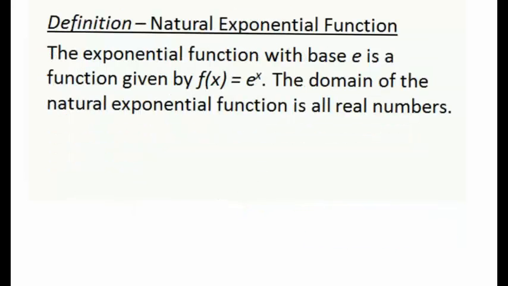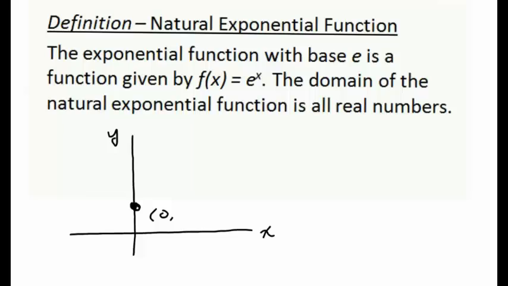This leads us to the following definition of the natural exponential function. Like we said on the last slide, if we decide to use the base e for our exponential function, we get the natural exponential function, which we call f(x) = e^x. Since e is a real number, when we make the substitution of x equal to 0 into this particular function, we're going to get the number 1.